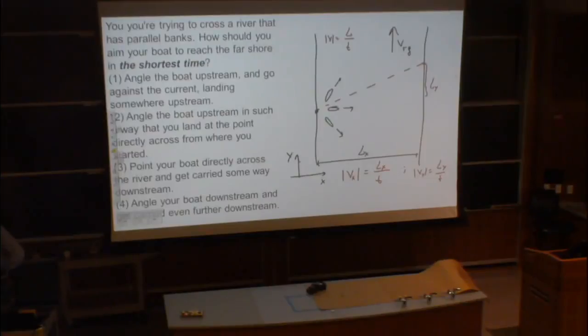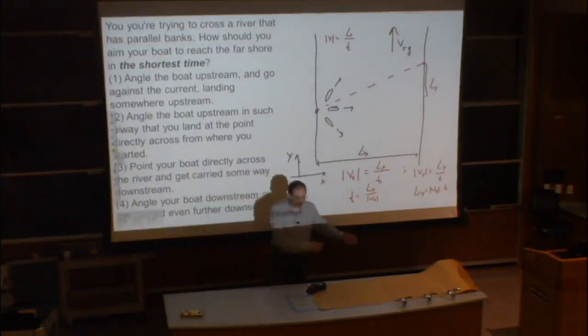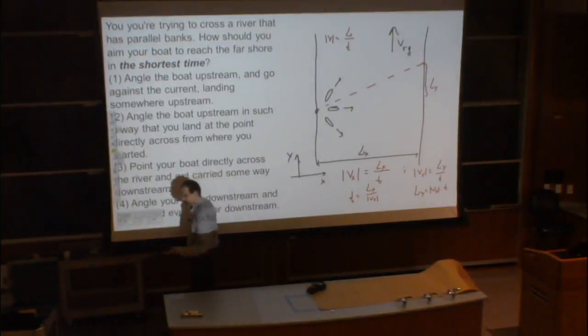But the difference between these equations is that this equation is easier to use to figure out what to do to cross as fast as possible. And this equation is more convenient to use to figure out the distance dragged by the stream, if that even happened.